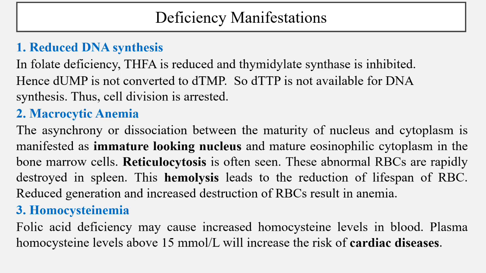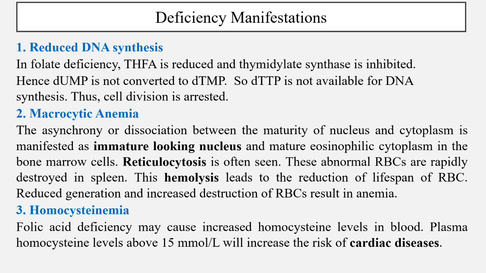Next, macrocytic anemia. Folate deficiency leads to macrocytic anemia. Maturation of the nucleus of RBCs requires folic acid. There is a dissociation between maturation of the nucleus and cytoplasm, manifested as an immature-looking nucleus and mature eosinophilic cytoplasm. So the cytoplasm is matured but the nucleus is not.